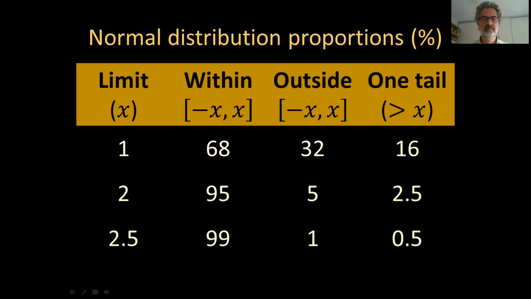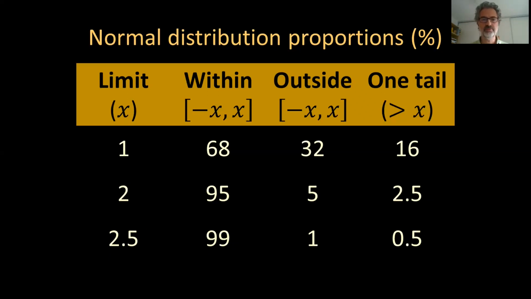And the third set of numbers to remember corresponds to 2.5. And that's because it results in the easy number of 1% outside the range, 99% within the range from minus 2.5 to plus 2.5. And therefore, each tail must be about 0.5%. Okay, now, why is this important?